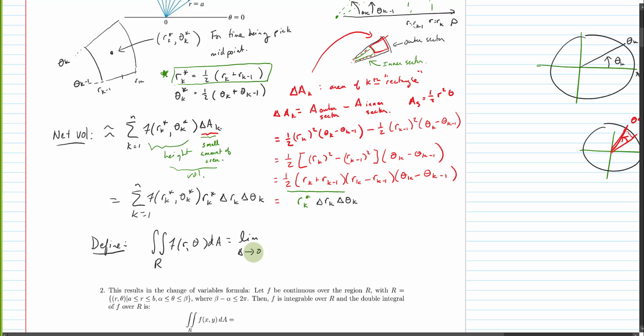As delta goes to 0, you can think of that as like the diagonal of that kth rectangle, of f of r k star, theta k star, r k star delta r sub k delta theta sub k.